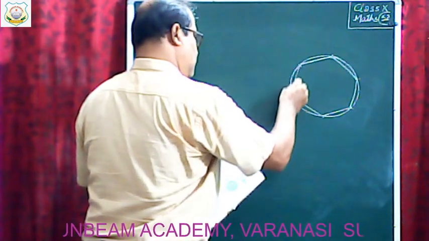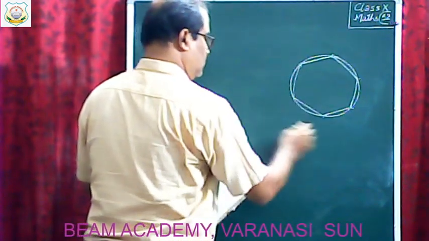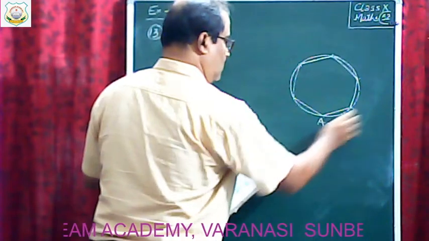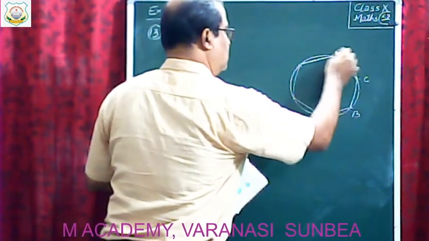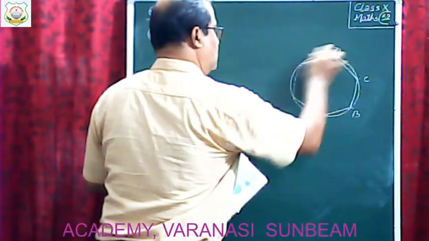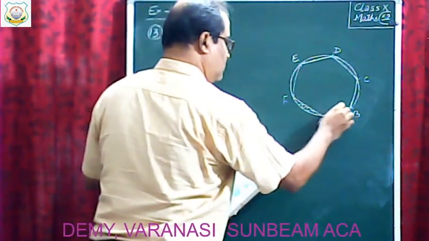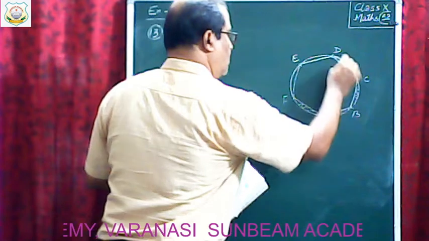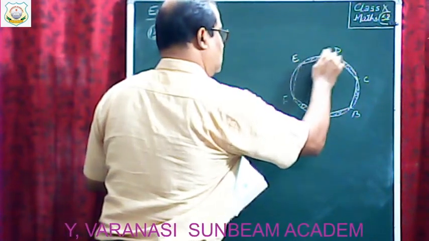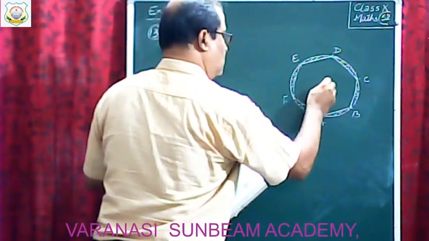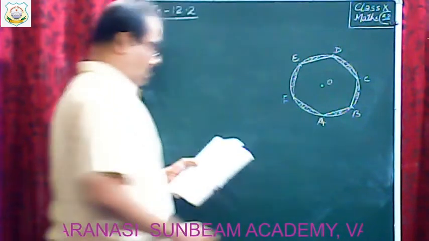Draw the figure, everybody. A, B, C, D, E, F. These are the designs. All designs are equal. Suppose it is center O.